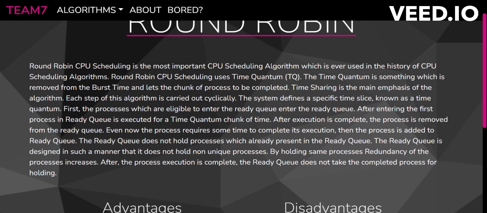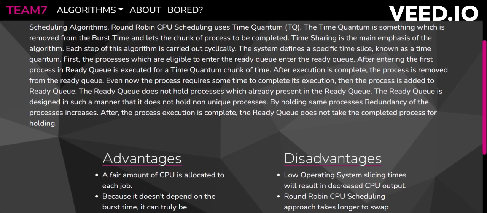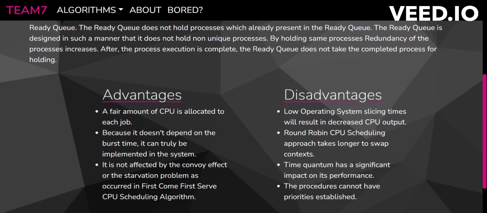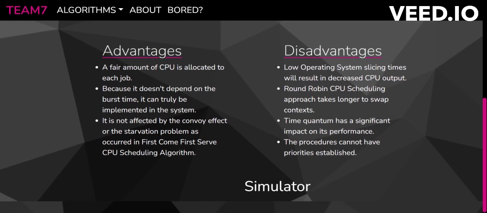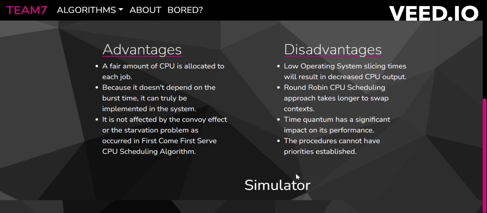This algorithm offers starvation free execution of processes, as it is a real time algorithm that responds to the event within a specific time and is one of the fairest and oldest algorithms in scheduling. Now, here are some advantages and disadvantages for the same, and let us simulate the algorithm.